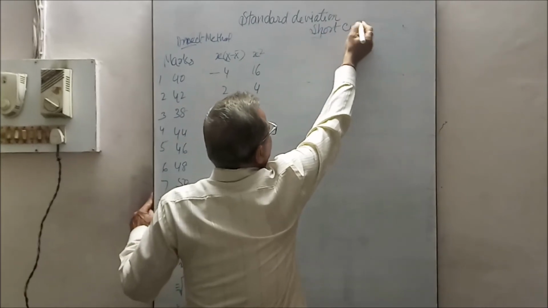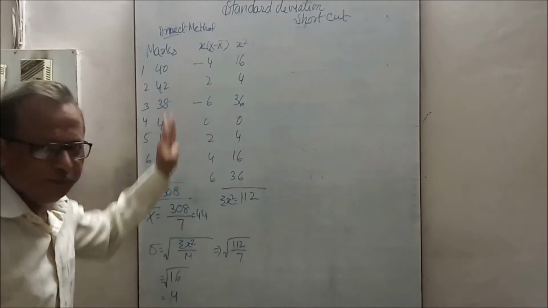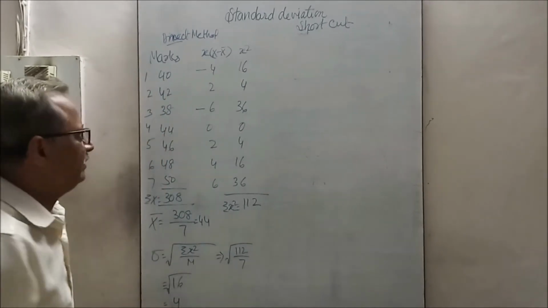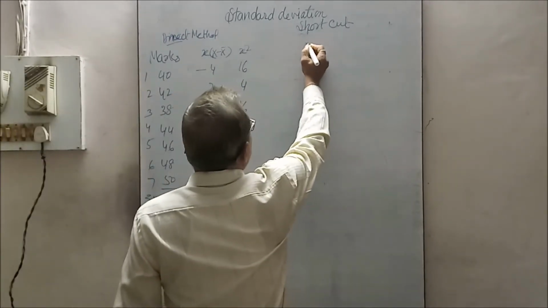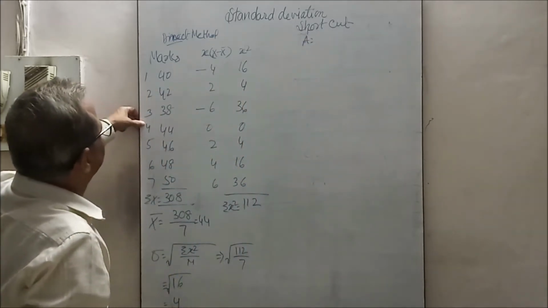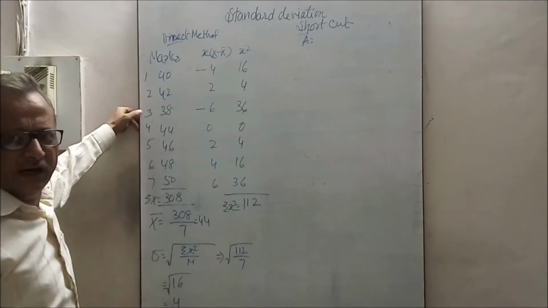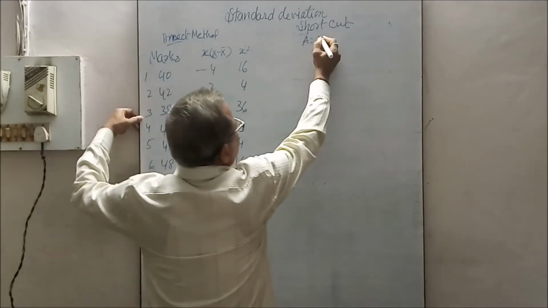Now the same we will do using the shortcut method. In the shortcut method, first we assume any item as the mean. Suppose we assume 38. Assumed mean is 38.